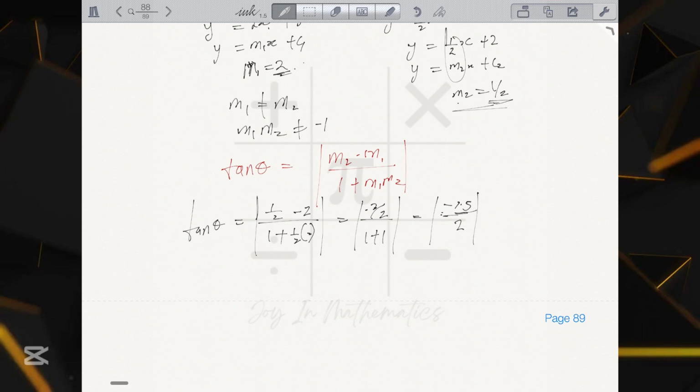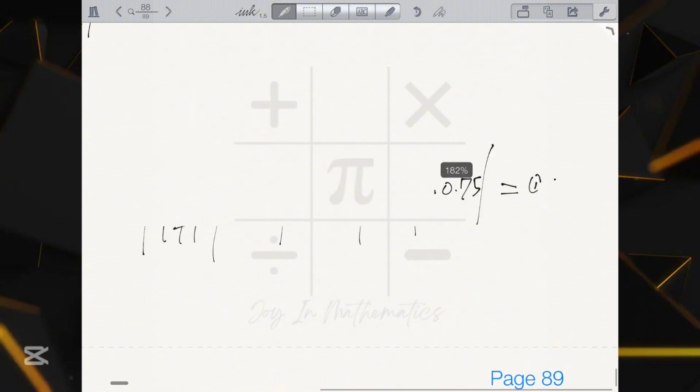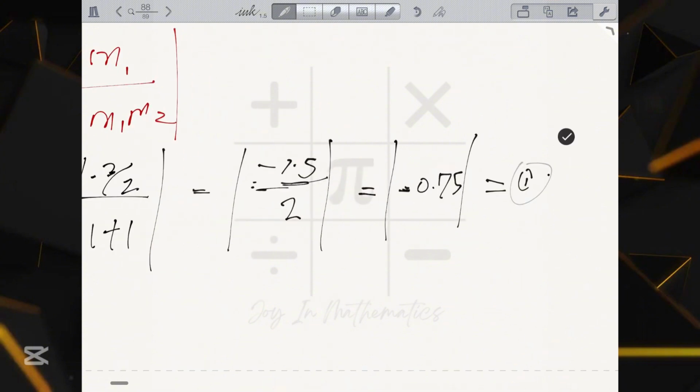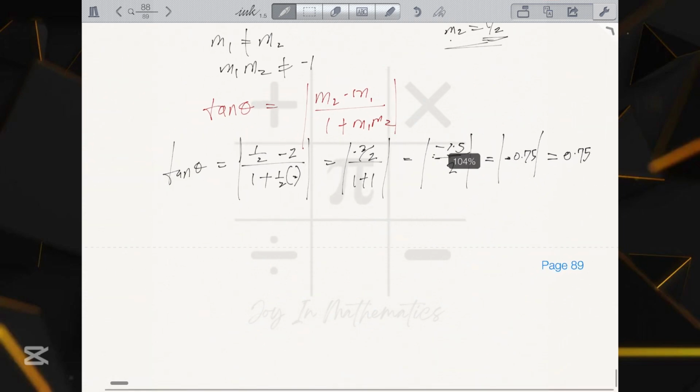Simplifying, 1.5 divided by 2 is 3 over 4, which is minus 0.75, and the modulus of minus 0.75 is equals to 0.75. Now with that, we have that tan theta is equals to 0.75.